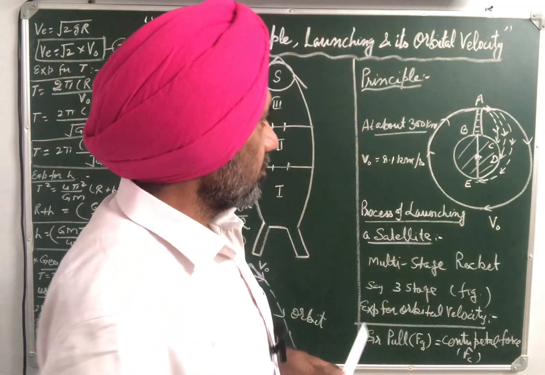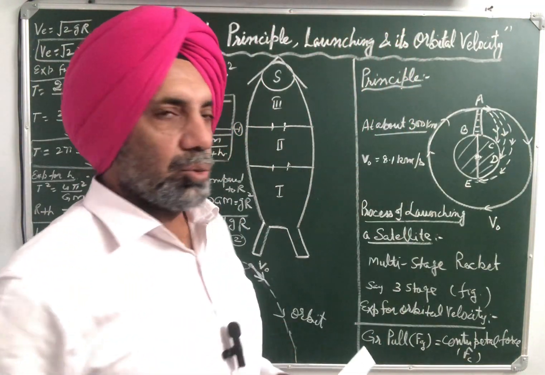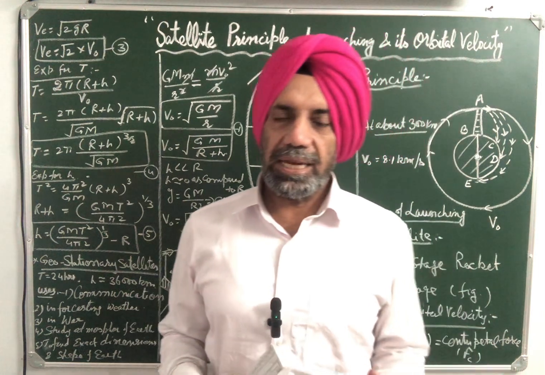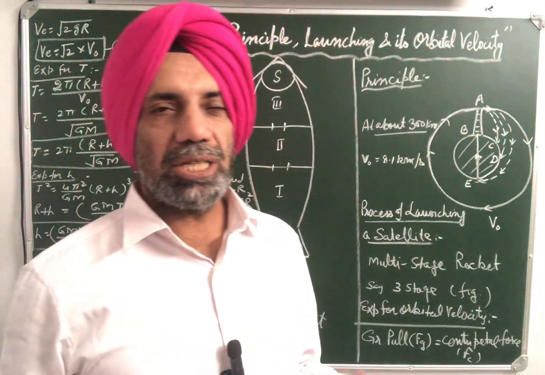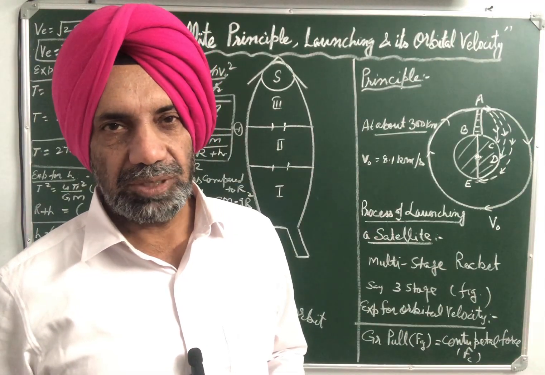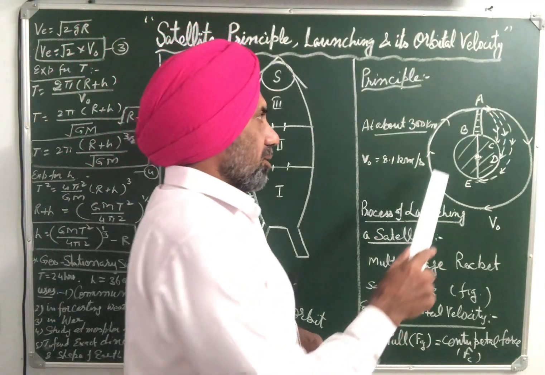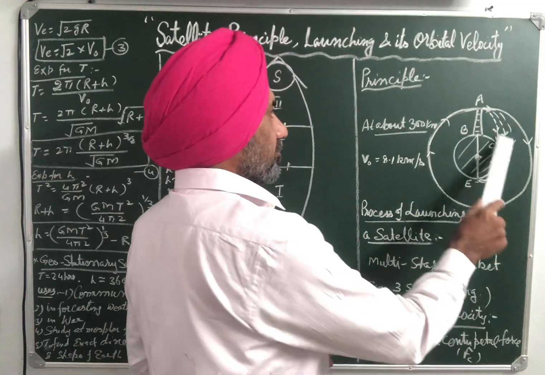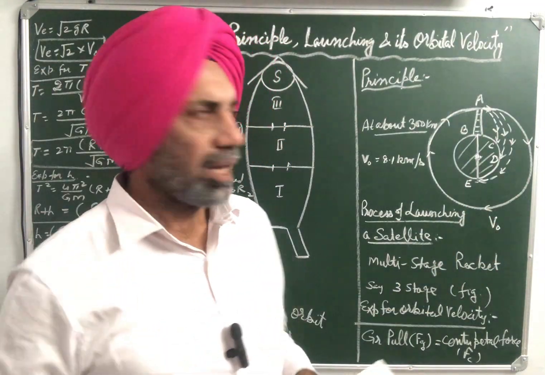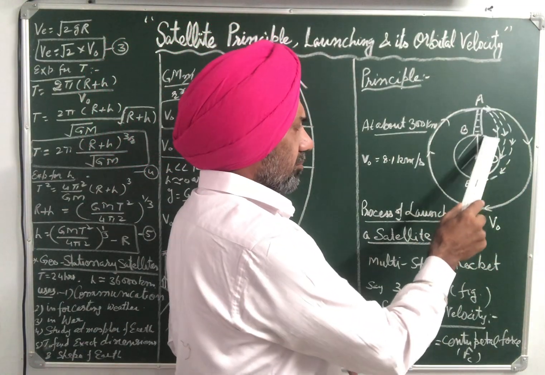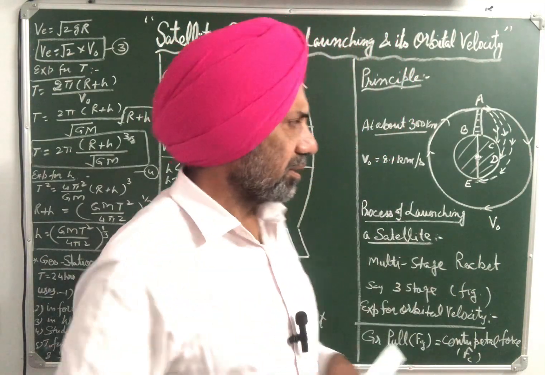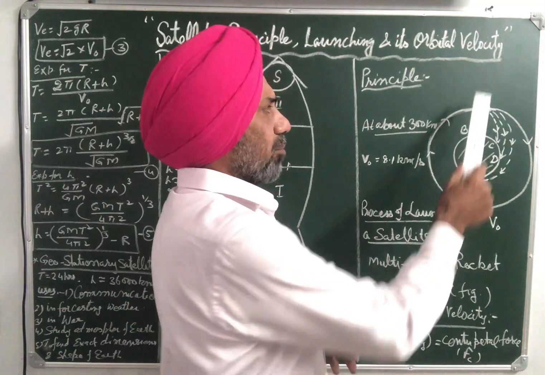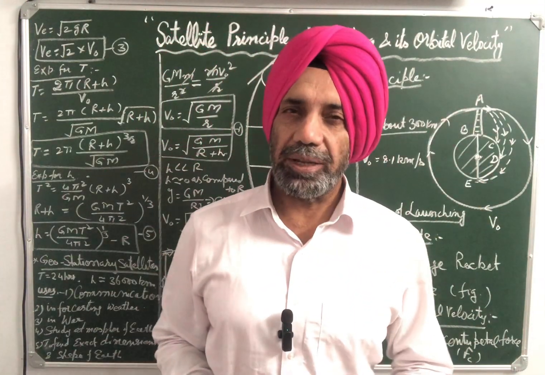So, to understand the principle of launching a satellite, suppose this is our Earth and we have a tower AB at the surface of Earth, at a height of about 300 kilometers.